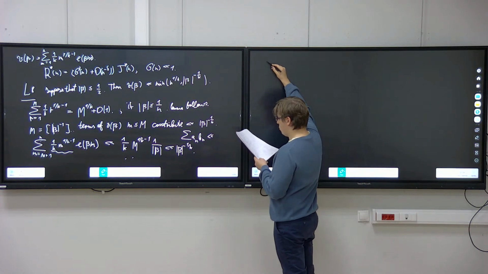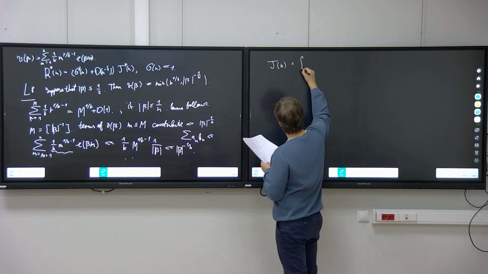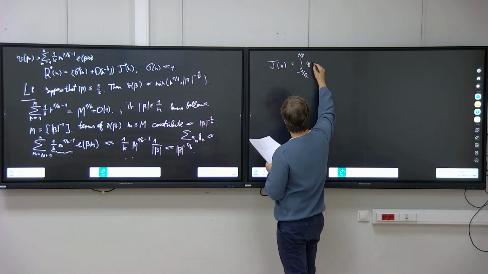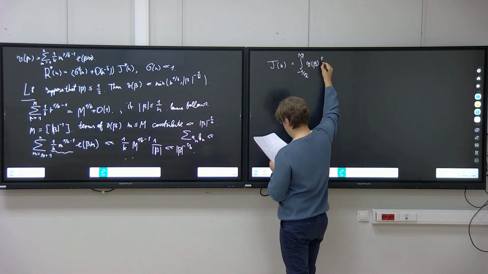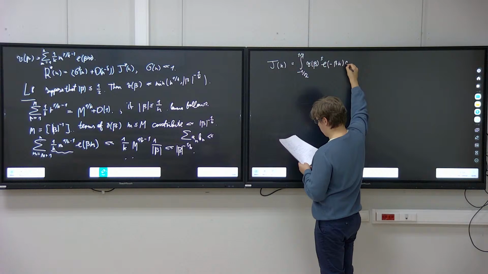And now let J(n) be the integral from minus 1 over 2 up to 1 over 2 of V(beta) to the power s, exponent of minus beta n, d beta.